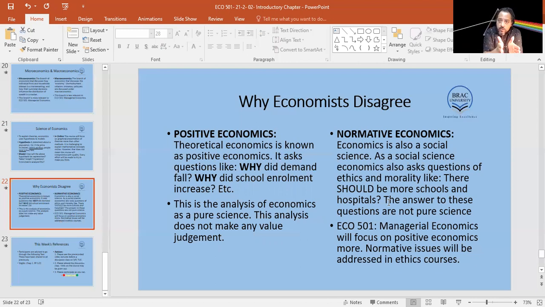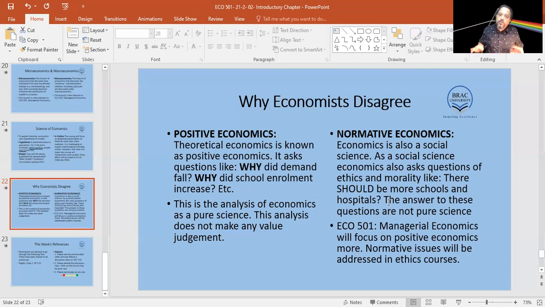But when we look at positive economics, if the price increases, ceteris paribus, people tend to buy less. There's more or less agreement on it. So when you see in the newspapers that two economists, Mr. X and Mr. Y, are disagreeing, they are probably disagreeing on a normative issue. The government should have allocated more money in a particular component of the budget.